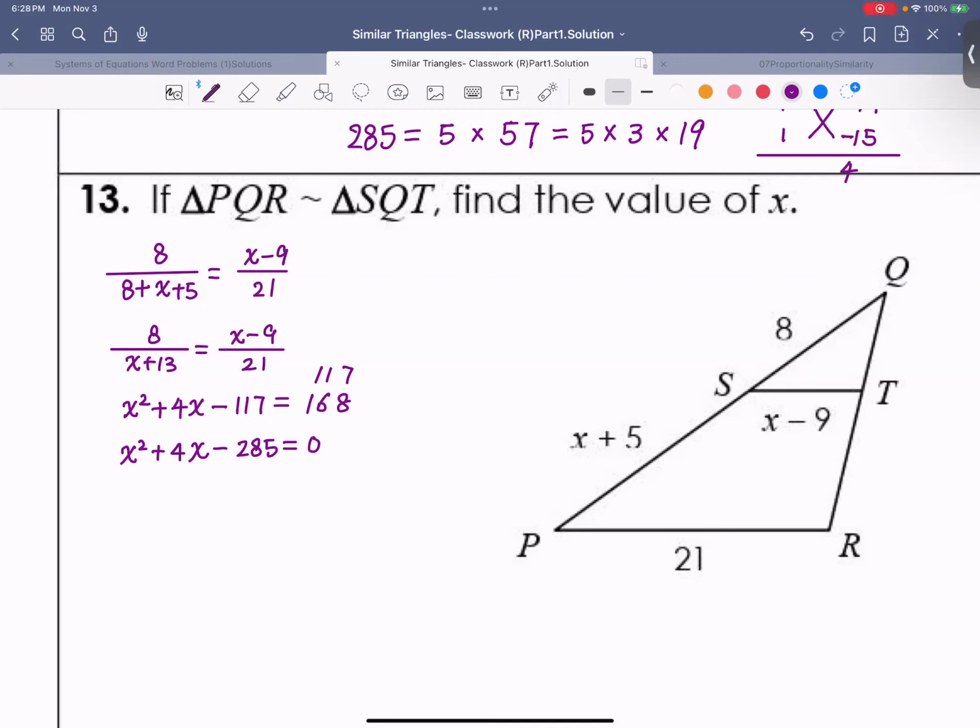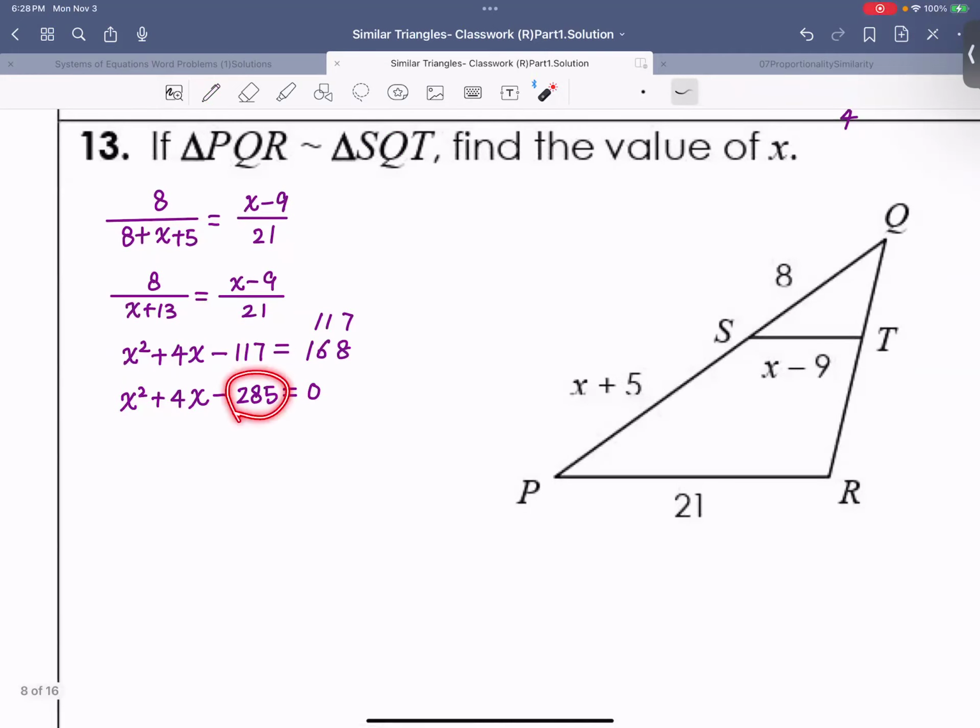Right? Show me your foundations to do this factoring. Go. Look, 285, you may not immediately get the answer, but at least you know this is divisible by 5. 5 times who? 57.